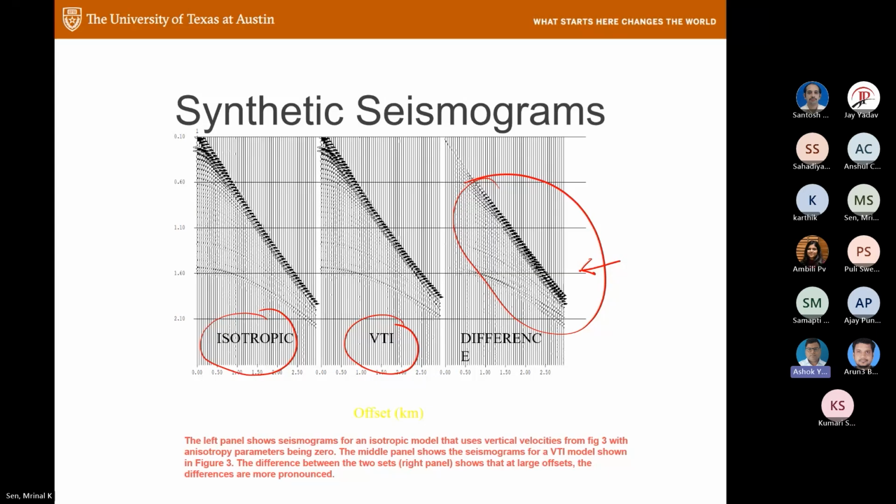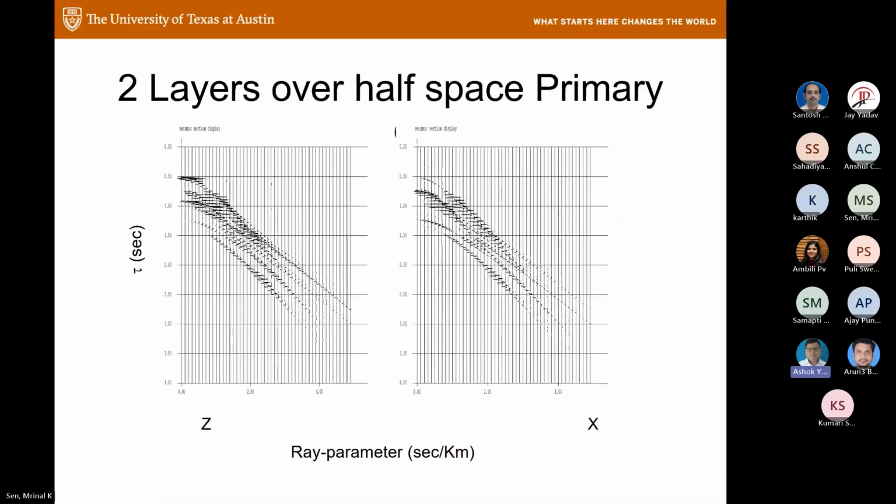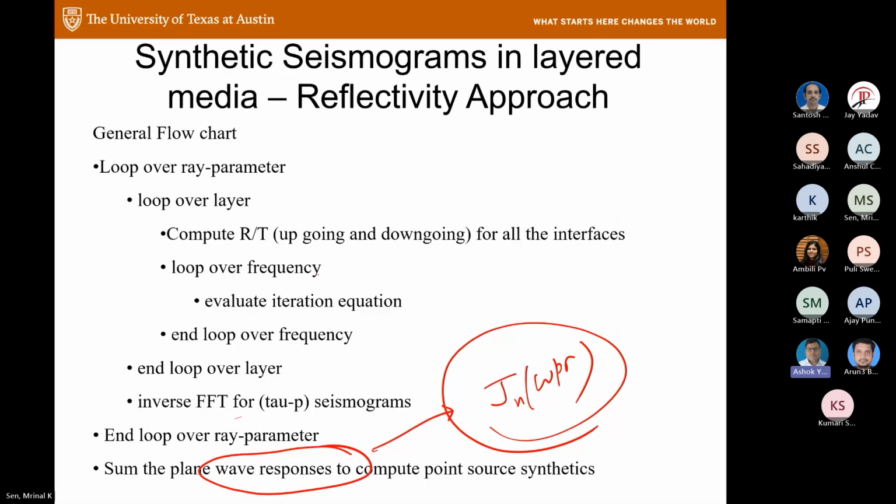Sir, one question, sir. Yeah. In the last step of your flow chart, when you said integrating over the plane waves through the Bessel function and getting the point source response, here the spherical divergence will still need to be addressed in the inversion kind of thing. No, this synthetic, this is a forward problem, right? So this already has the spherical divergence because of the choice of this.